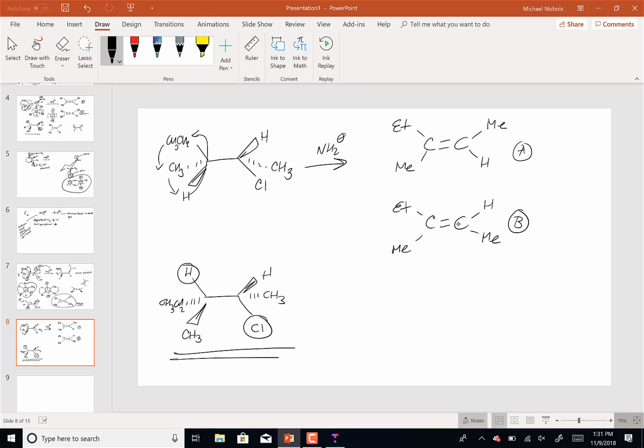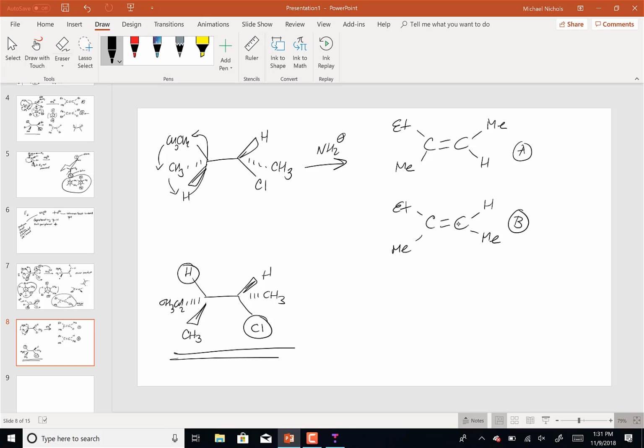The only reason I'm saying that is because I'm not sure which one of these two is the most stable. You could argue that having two methyl groups cis is better than having an ethyl group and a methyl group cis, and the answer to that question, I don't know.